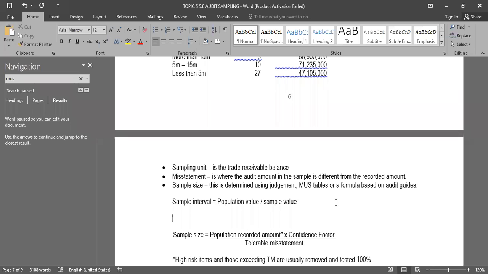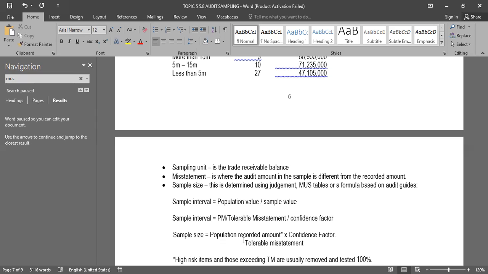But we also know that the sampling interval is also given by the PM, performance materiality, or tolerable misstatement, divided by the confidence factor.